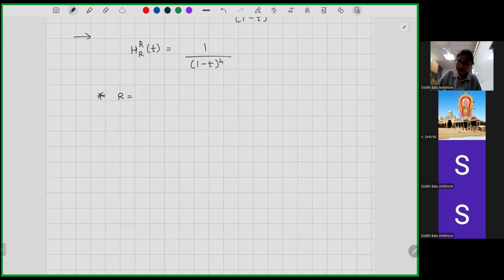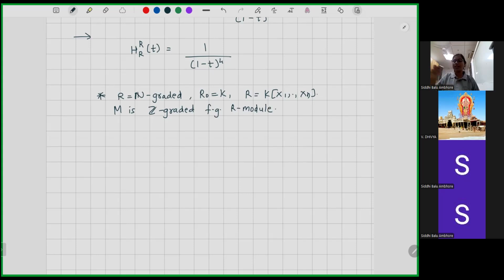If R is N-graded, so R_0 is just my k, and R is k[x1 to xn], and M is Z-graded, finitely generated R-module. So M is graded and R is graded.